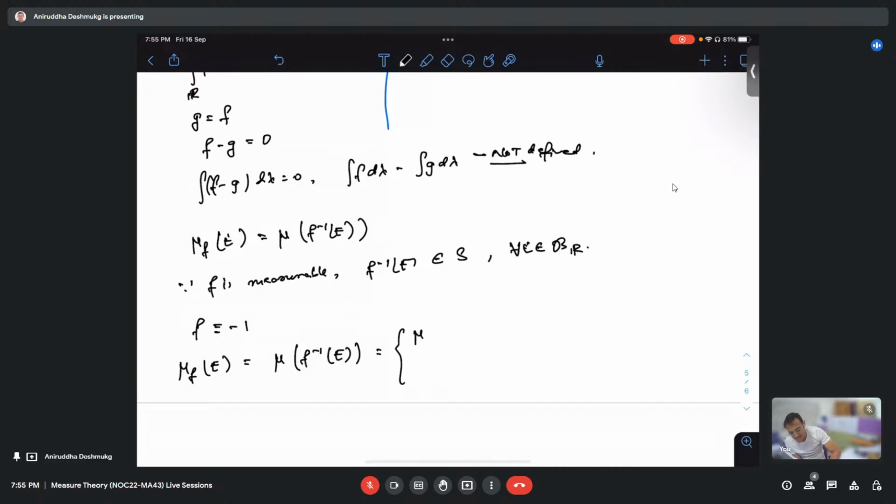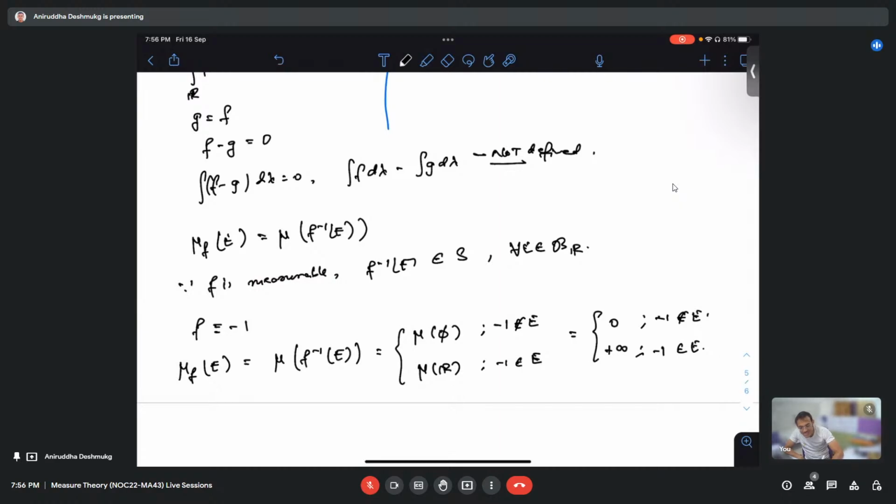Either it is empty, when minus 1 does not belong to E, or it is all of R, when minus 1 belongs to E. So it takes only two values, 0 and plus infinity.